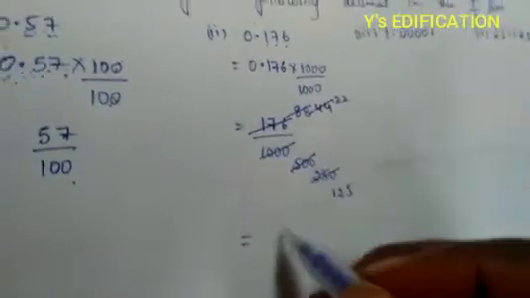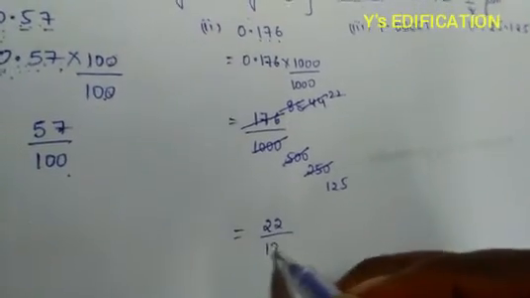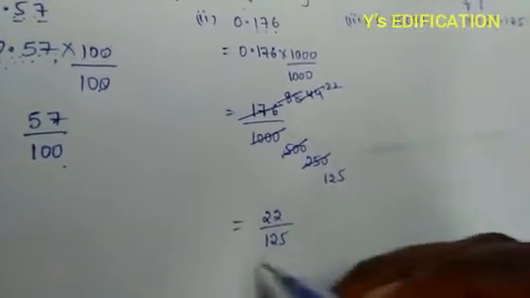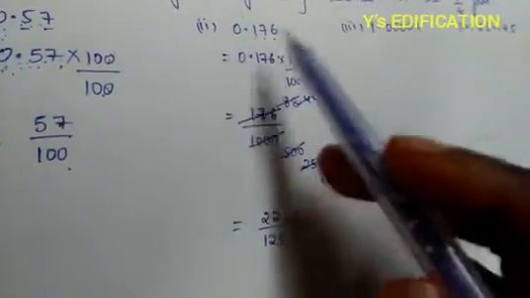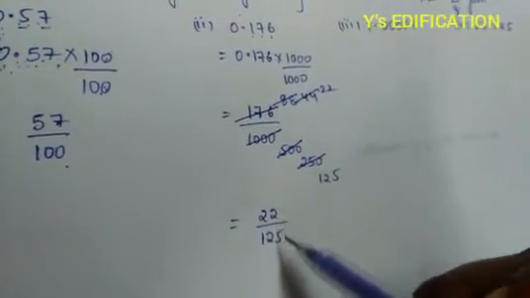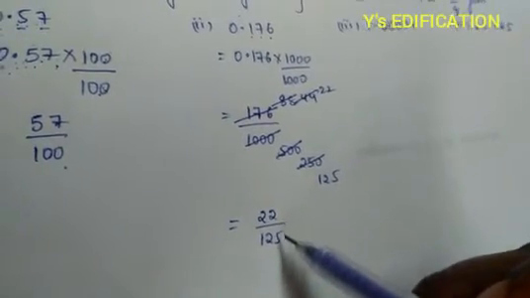So the number can be written as 22 by 125. This can't be simplified further; it is the simplest form. So 0.176 is converted into a rational number, and the answer is 22 by 125.